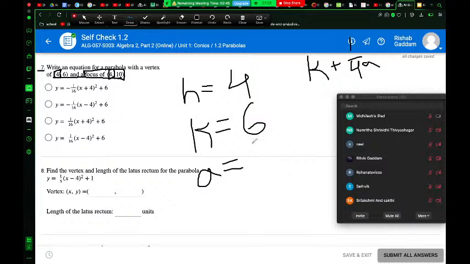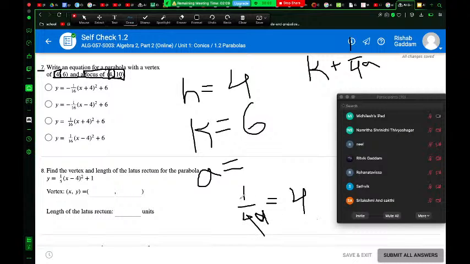So a would be something like... okay, a would be 4 divided by 1 over 4, and that is, I guess, 16. No, I don't think so. Okay, let's see. So 1 over 4a is equal to 4, right? We know that.